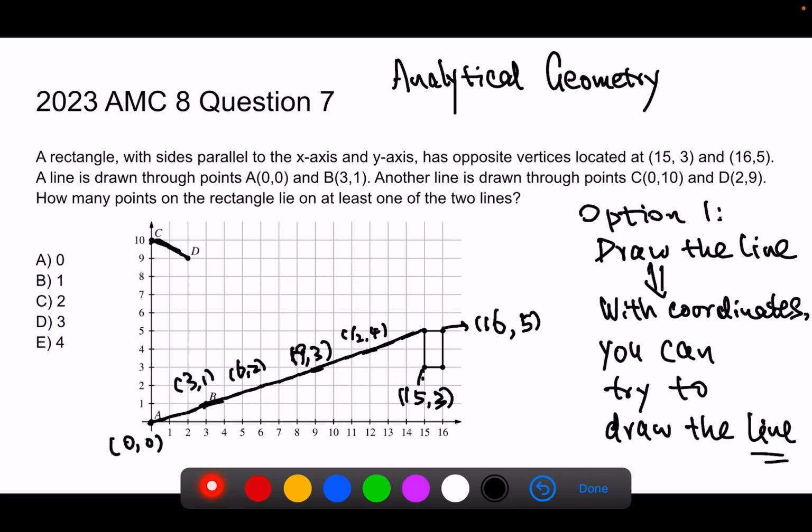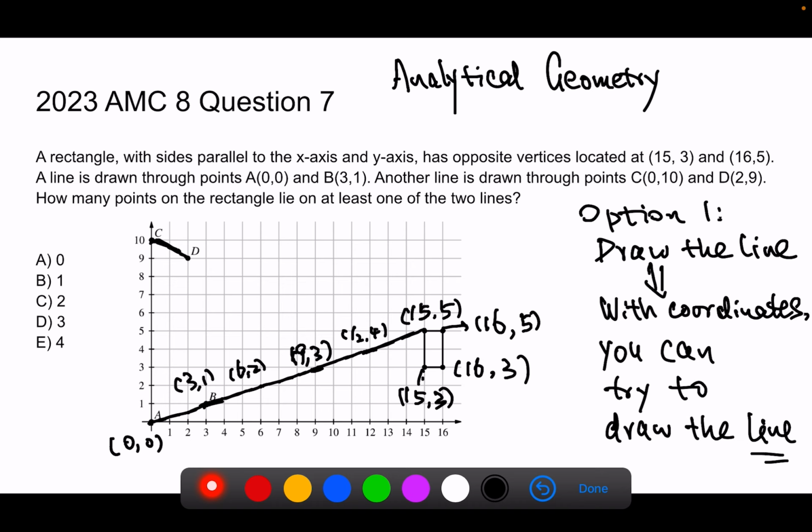This point is (15, 5), which makes sense because the four vertices are (15, 5), (15, 3), same x, and (16, 5), (15, 5), same y, and the last point is (16, 3). So that's the first line. It has 1 point on the rectangle.